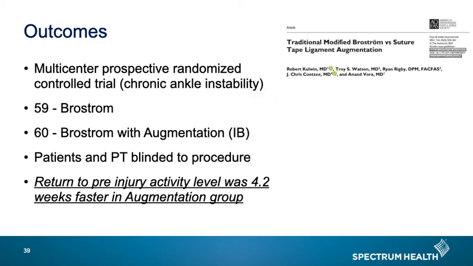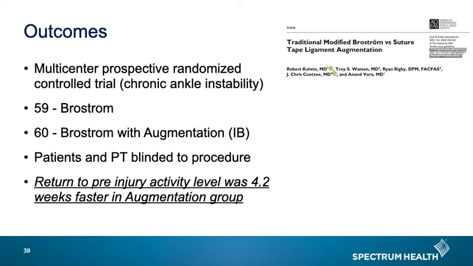Well, the outcomes are good for this, and it definitely shows that the Broström with augmentation is a bit better as far as returning to play and returning to sport. This is a recent study last year in Foot and Ankle International that looked at 59 patients who had a regular Broström-Gould procedure, and then 60 who had the same with the augmentation. In this case, it was an internal brace.